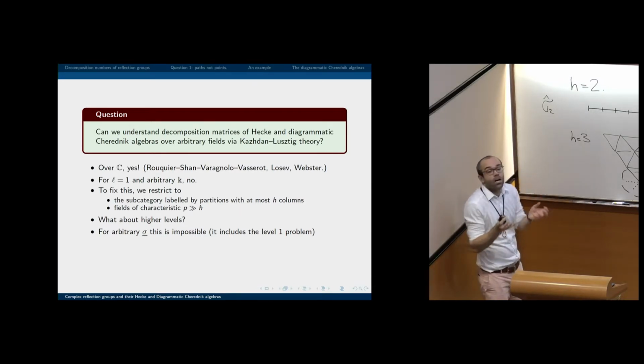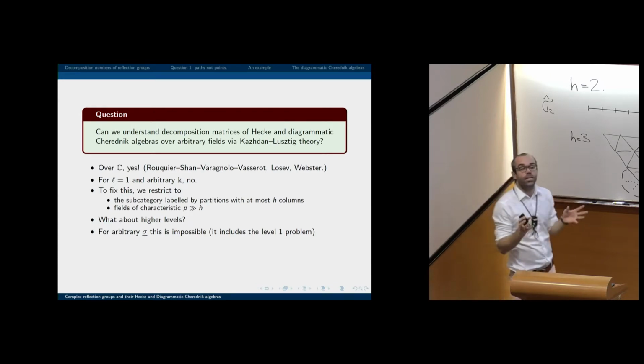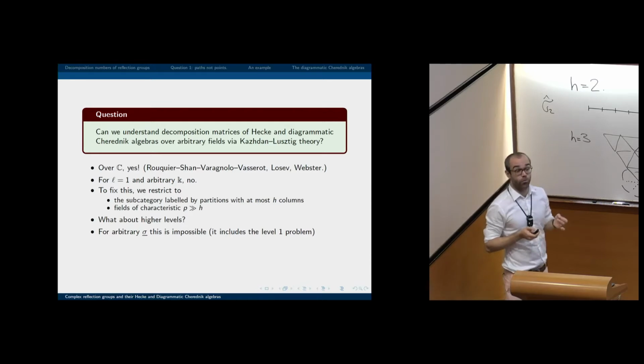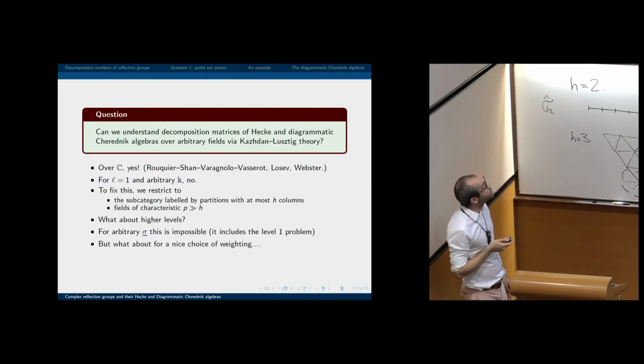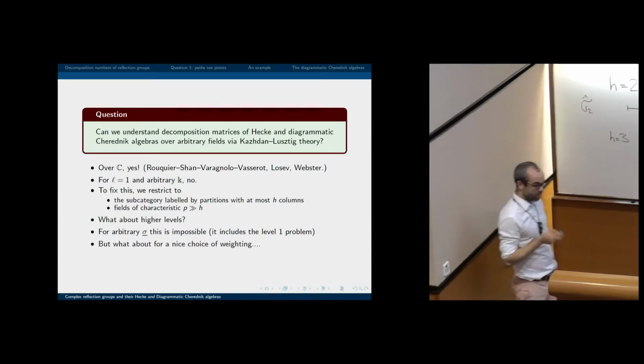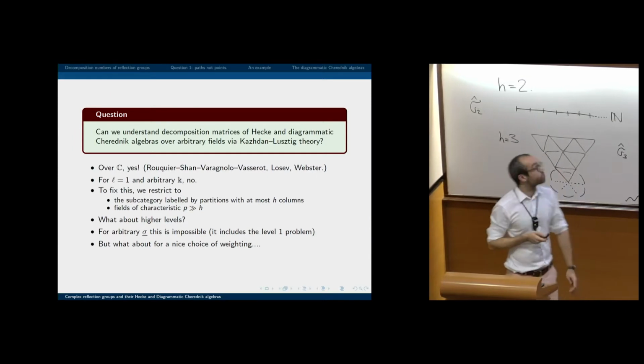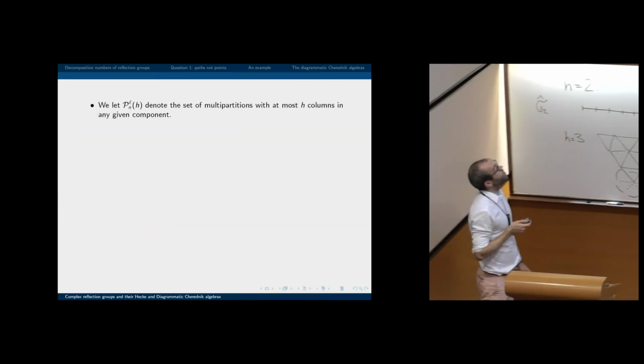But it can't simplify. You can never get just a regular Kazhdan-Lusztig theory from it because it includes the symmetric group problem as a sensible subproblem. So what if instead we chose the weighting that I mentioned by Fayers, Leclerc, Okado, Thibon, and Welsh? Well, if we did that, then we might have a chance.